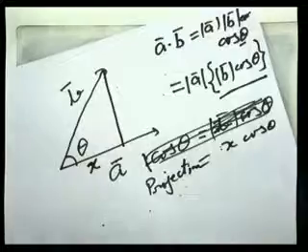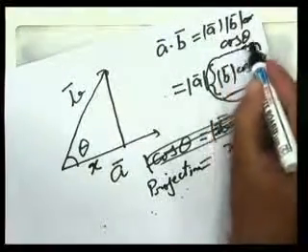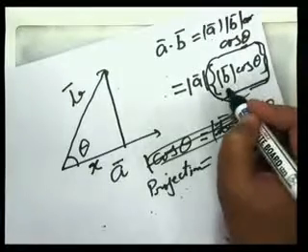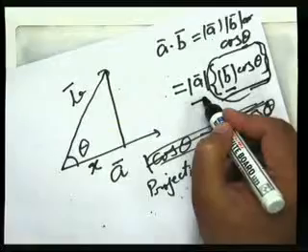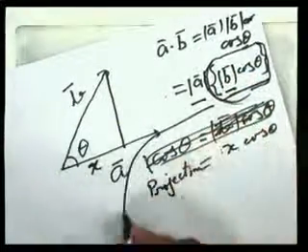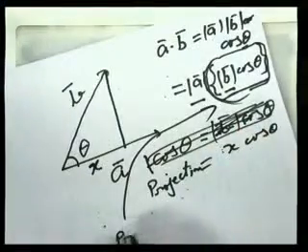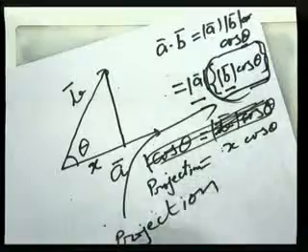So this portion gives us the projection of the vector B on vector A. This portion is the projection.